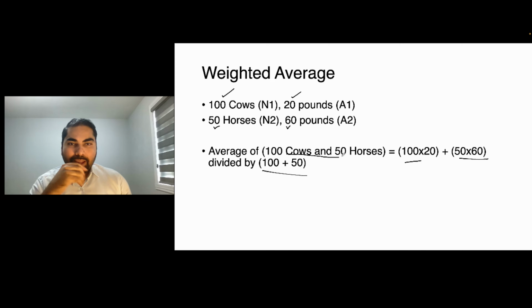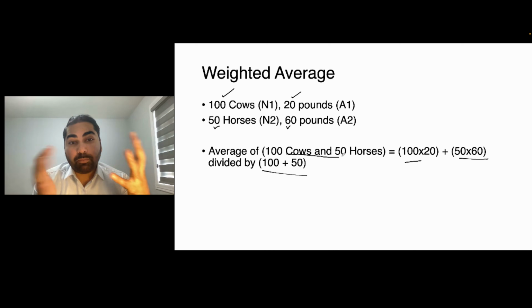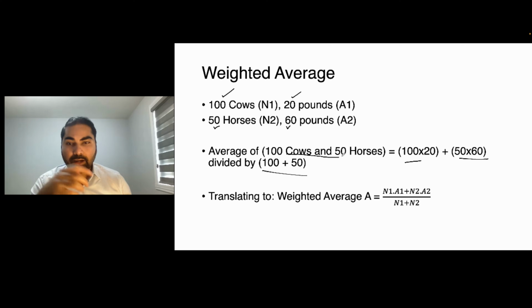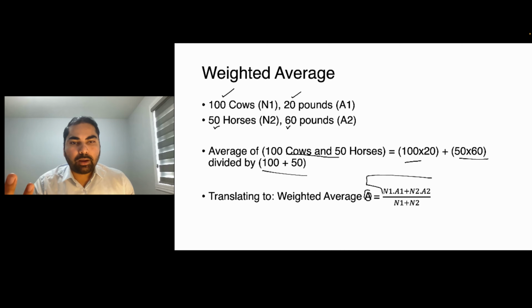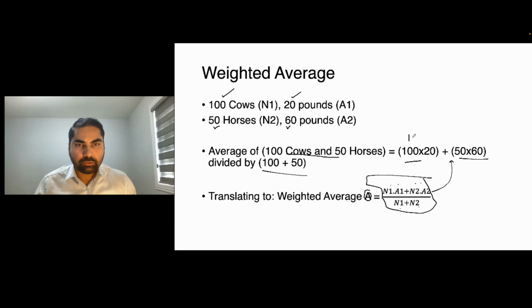Putting this in an algebraic structure, the average A of both the groups put together, and you can have more than one group, is A equals N1 times A1 plus N2 times A2, divided by N1 plus N2. That's exactly what I'm doing here: this is N1, this is A1, this is N2, this is A2, divided by N1 plus N2.